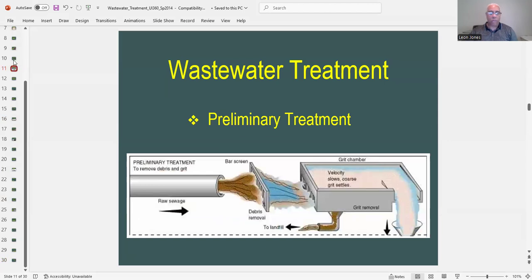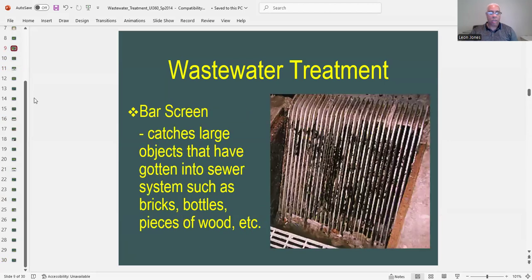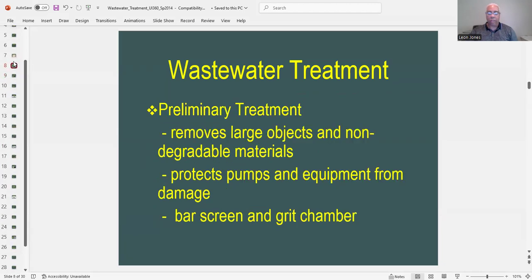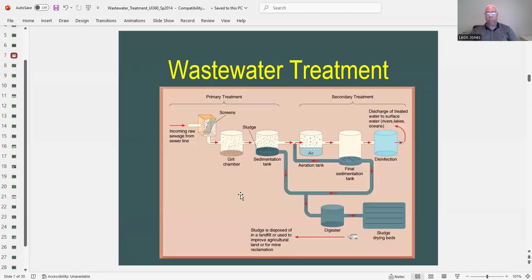Now, let me take you back to the bar screen. It catches all of your grit, your materials. This is the plant and what it looks like in full. Now, some plants have 2 clarifier tanks, some have 4.